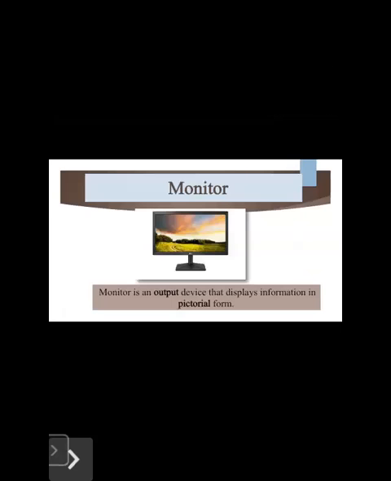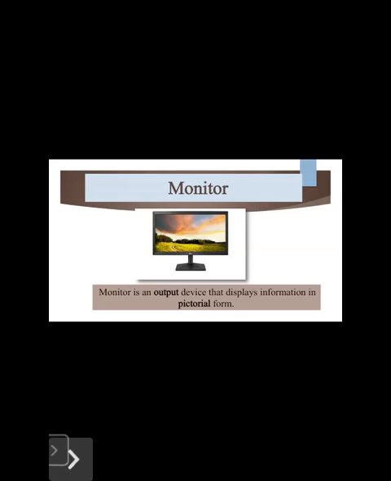Now talking about the first main component of the computer system, and that is the monitor. Monitor is a device in a computer system that displays whatever we type in the computer. Whatever commands or instructions we give to the computer, we can easily see the result in the form of output through this device, the monitor.